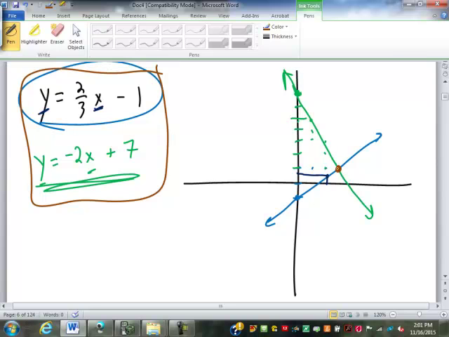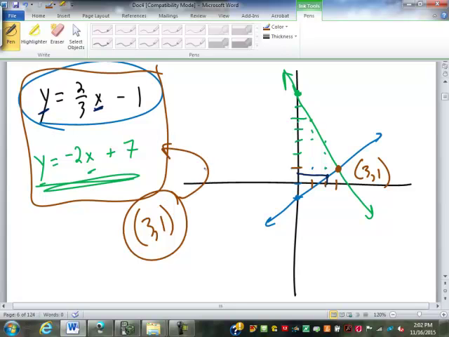Right there. That's the only point that makes both equations true, because it's the only point that's on both lines, where the two lines intersect. That coordinate is 3, 1. So the ordered pair 3, 1 is a solution to both equations. Therefore, it is a solution to the system.